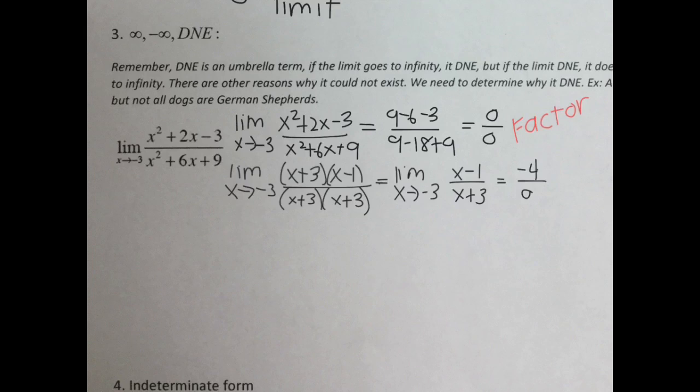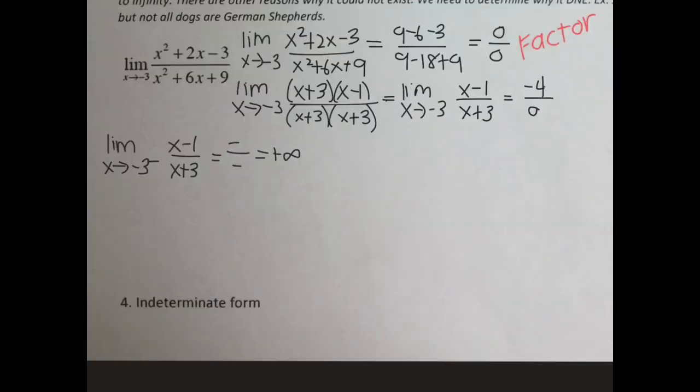So we're going to have to go back to the basic definition of what a limit is, and I'm going to have to see, does my left side equal my right side? Okay, so I started off with a limit from the left side, and I said the limit as x approaches -3 from the left of my simplified function. What does this equal? Well, what are we actually doing when I am approaching from the left?